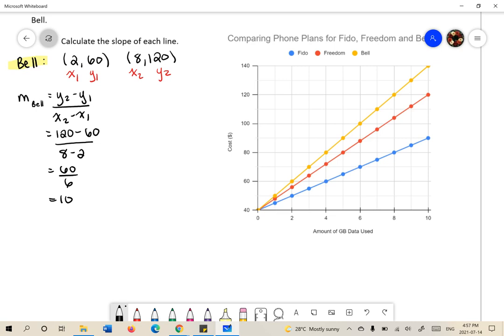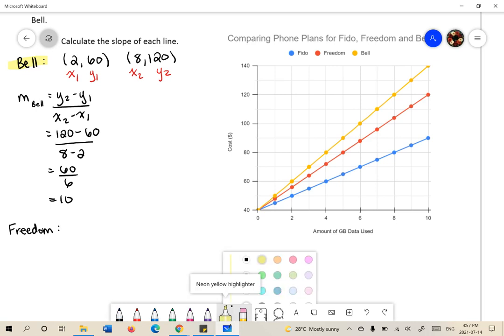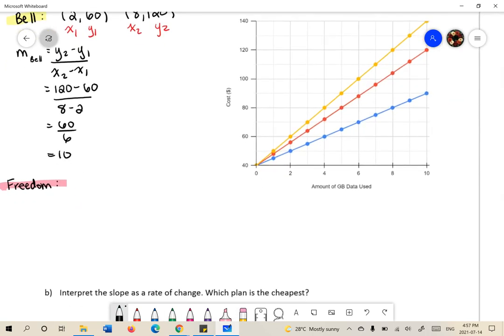Next, let's find the slope for Freedom. Picking 2 points on the Freedom line, and labeling my x1, y1 and my x2, y2.